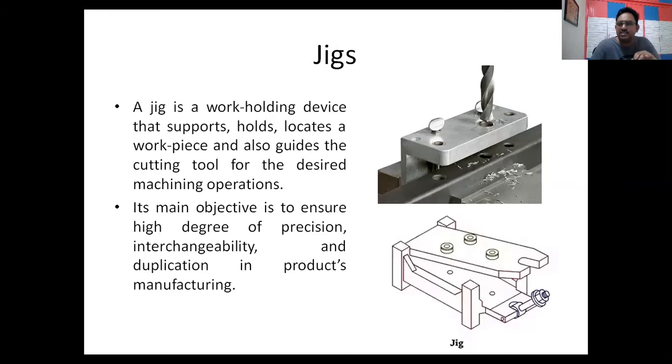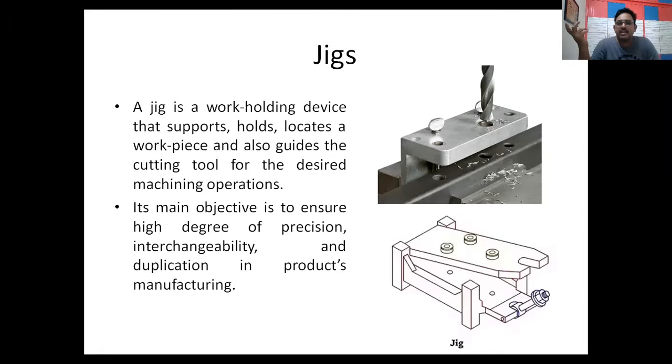Otherwise, what happens if this is not there? What we have to do? We have to take a plate, workpiece, and we have to locate the points, and we have to drill. And in the drilling also, after location, there may be an error, human error, and also the direction of the tool can be in any direction.